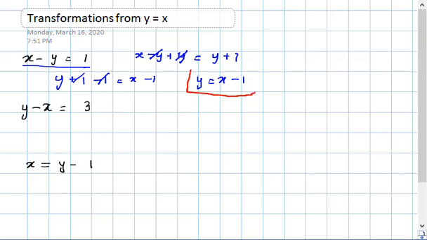Moving on to the second equation. Now you must be wondering why I am doing the same thing on both sides of the equation. If you look at x minus y is equal to 1, there is an equal to sign, which shows that the left hand side, x minus y, is the same as the right hand side, 1. This is like a weighing scale or a balance. If you add some weight to one side, the balance will tilt towards that side.